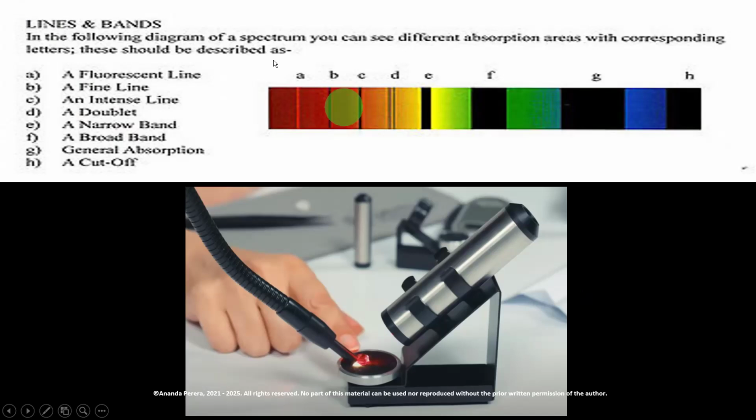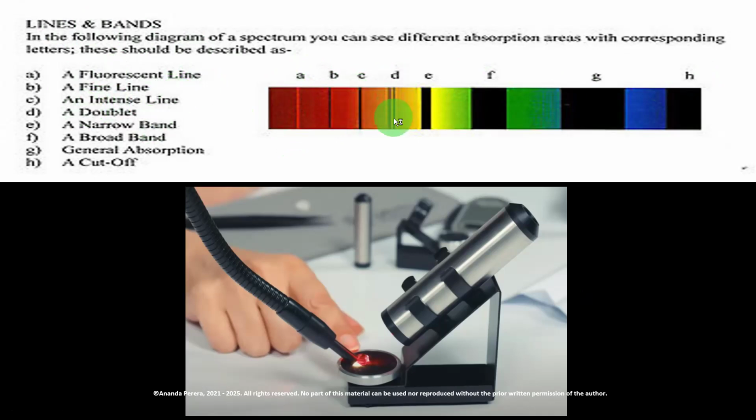Now we need to discuss this. Try to understand well: lines and bands after the absorption by the stone. We can see A, B, C, D, E, F, G, H. There are a lot of things here. A is the fluorescent line, if we can see it. B is a fine line. C is an intense line.